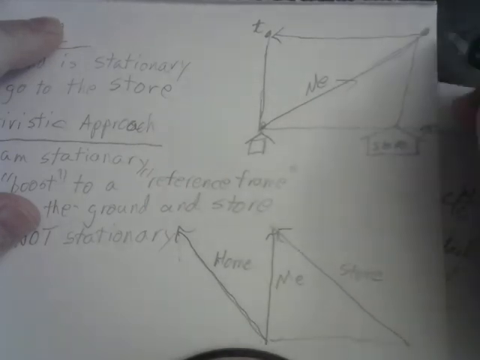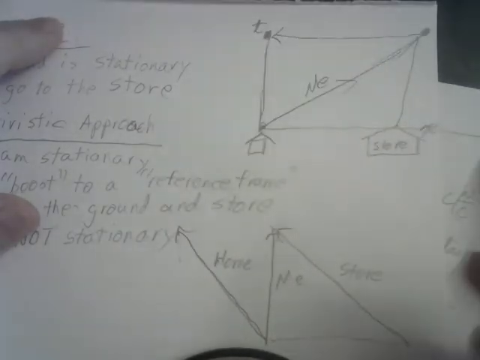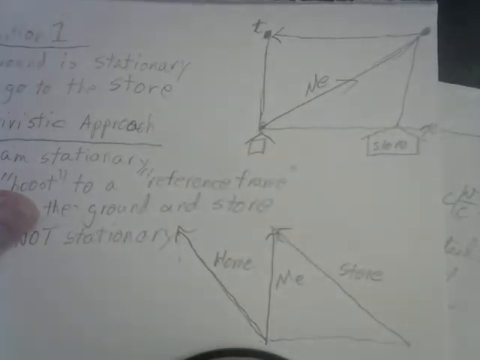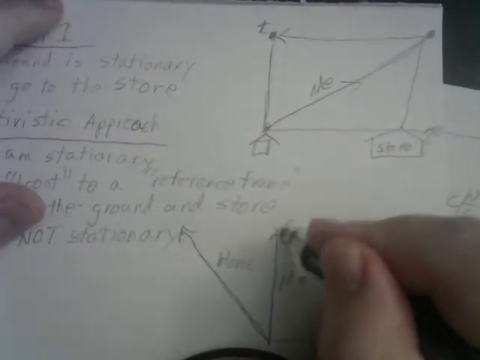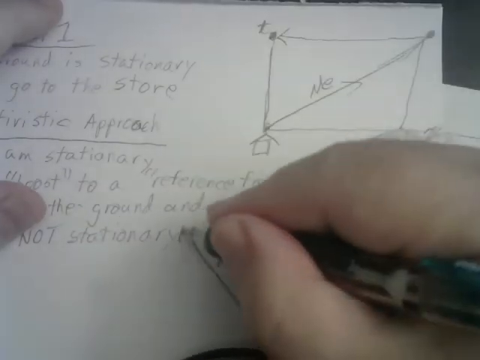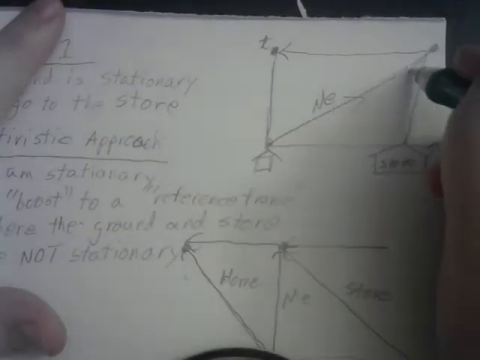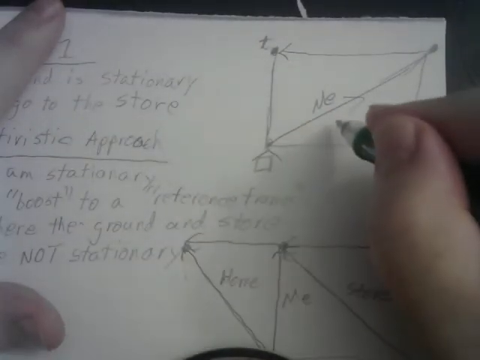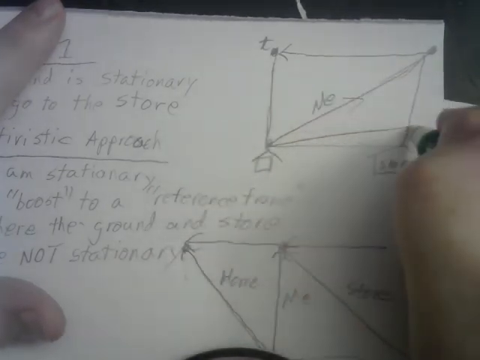This event where I arrive at the store and the same time at home, those events don't move in time. They move in space, but they don't move in time. So this event moves over to here, and this event moves over to here. Now the problem with this is that if this were a light signal, well, let's do a light signal that looks like this.